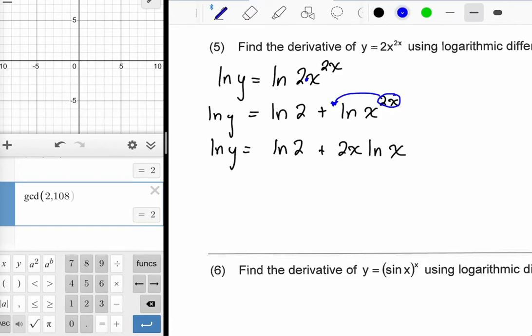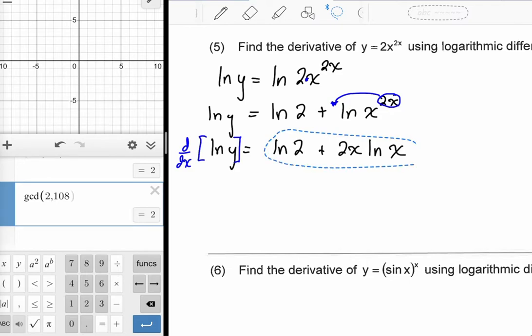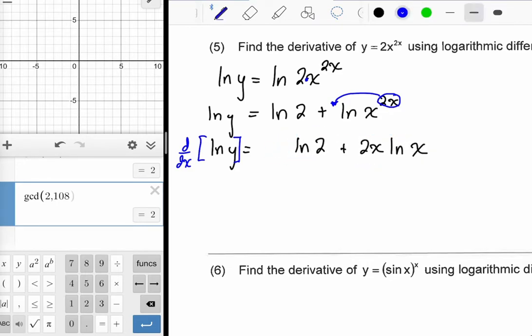When you're talking about finding the derivative of anything with respect to x, we're saying d dx of that expression. So that's what we're doing to both sides. We just don't always show that, or at least show the notation. So I'm taking d dx of both sides of the equation, and that means I'm taking the derivative of this function with respect to x.